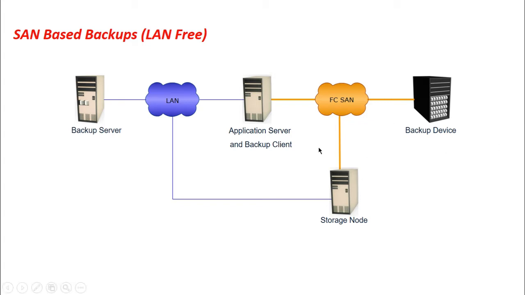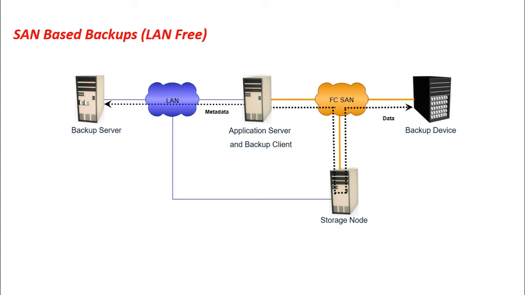As we can see, the backup device and the backup clients are connected to the storage area network. In this figure, a SAN based backup is shown. In this example, a client sends the data to be backed up to the backup device over the storage area network.